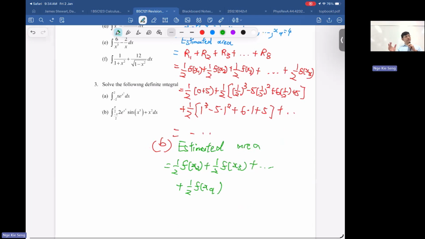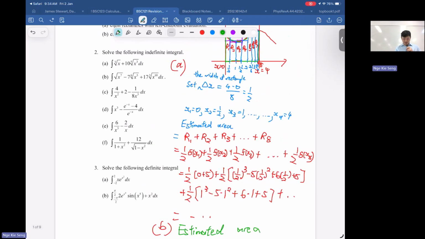Did you see the shift? The first set we use f(x1) to f(x8). The other one we use f(x2) to f(x9) because we choose the right endpoint here.